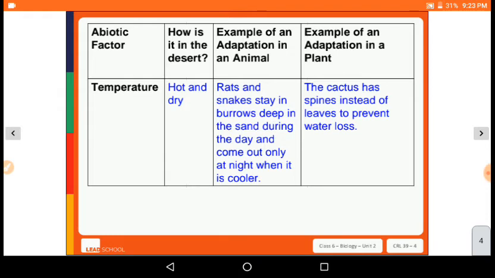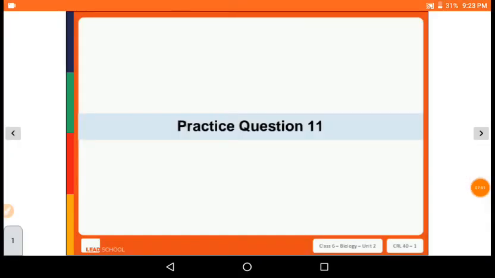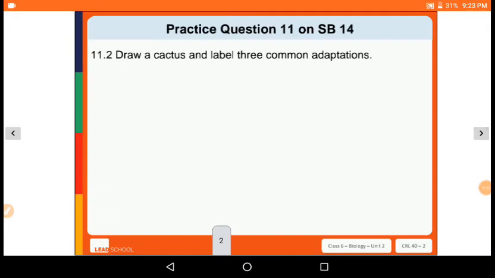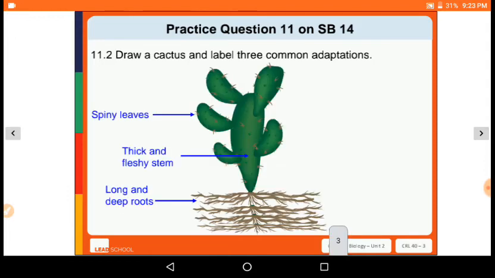It is compulsory. Next one is practice question number 11.2 on your SB 14. Draw a cactus and label the three common adaptations. So first you have to draw this picture, and here label spiny leaves, then thick and fleshy stems, and long deep roots. ये आपको यहाँ पे ड्रॉ करने हैं.